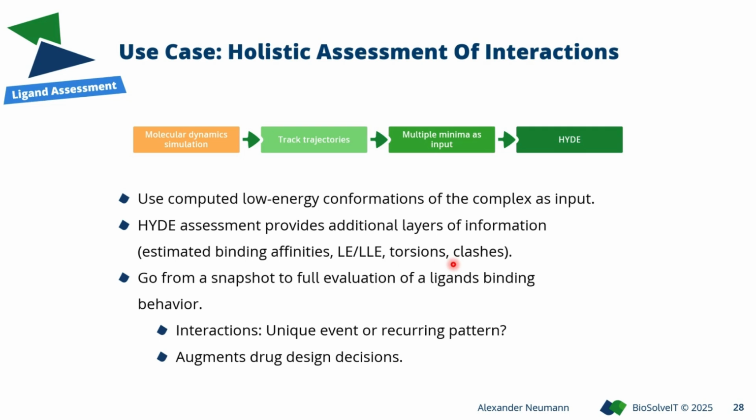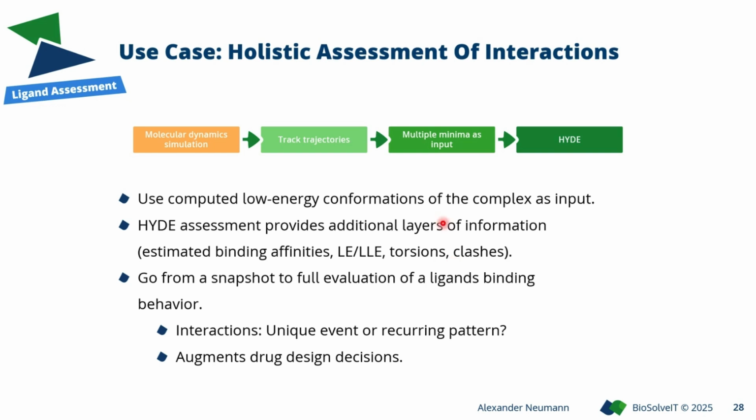If you're just working with docking predictions, it's a snapshot, right? It's exactly this conformation of your ligand. It's exactly this conformation of your target structure. You don't see the behavior. You don't see how hydrogen bonds may switch, may swap. Are those even hydrogen bond interactions that are actually present all the time?